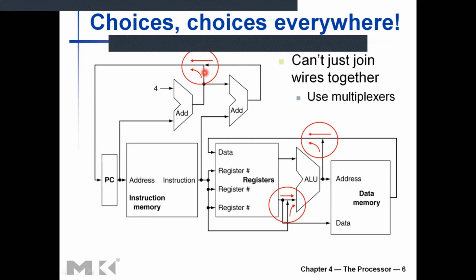It's a choice that is being made here, whether you are taking the input coming from this side or the input coming from that side. So there are places like that. So you can't just join wires in such cases. When you have to make a choice, select one from a set of given inputs, pick only one. So in such situations, the logic elements that we use are multiplexers, or muxes in short.